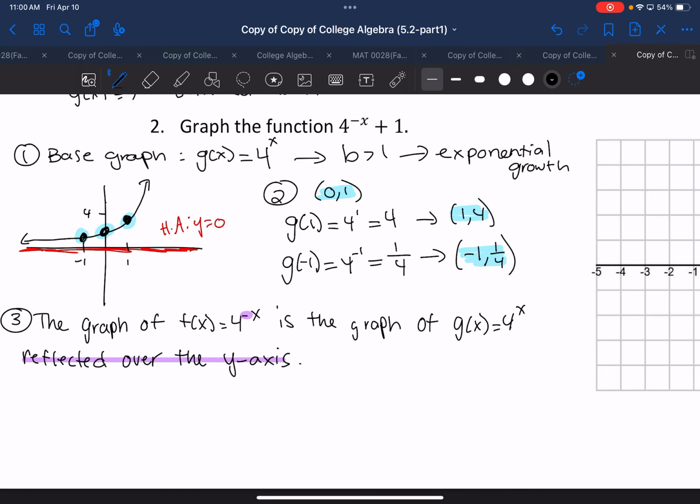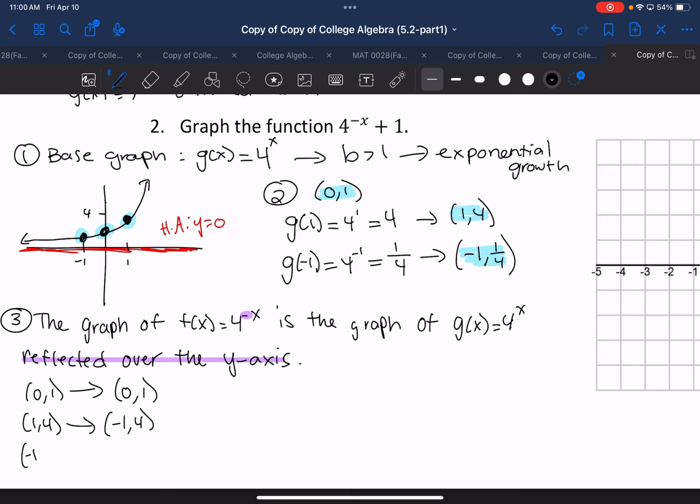And so these points in blue of the original, to find the new points, I'm multiplying all the x coordinates by a negative 1. So this would still be 0, 1. 1, 4 would become negative 1, 4.